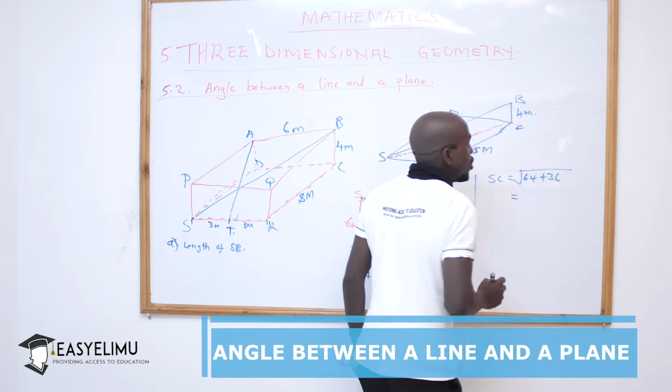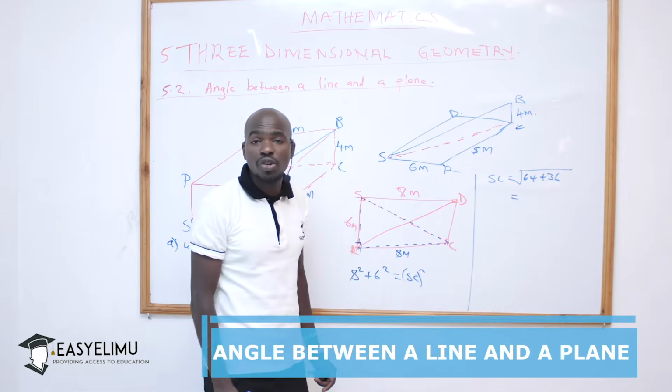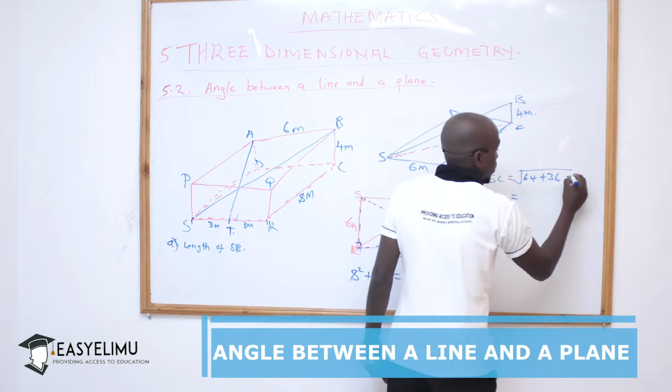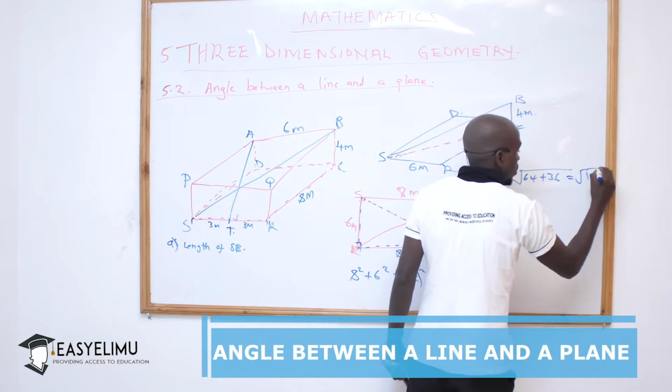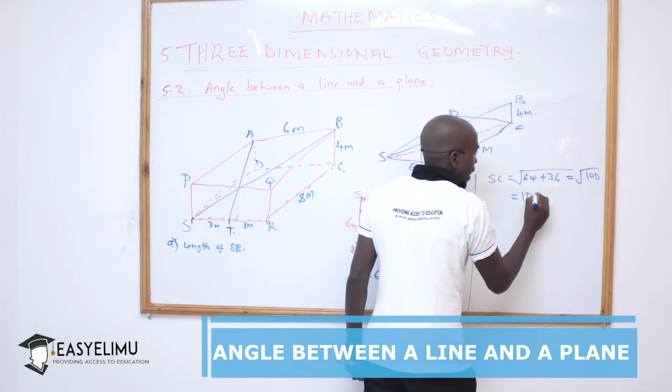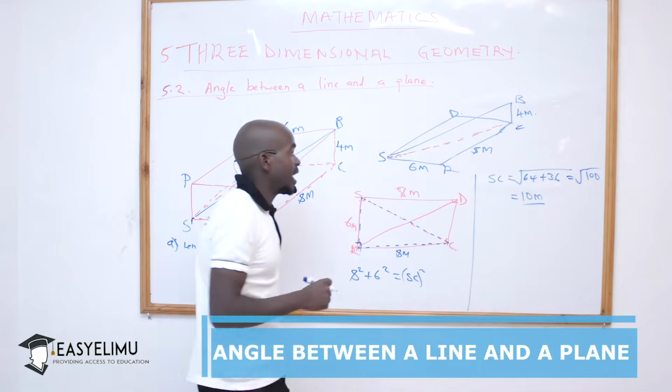So this one is going to give us 100, and the square root of 100 is 10. So SC is 10 meters.